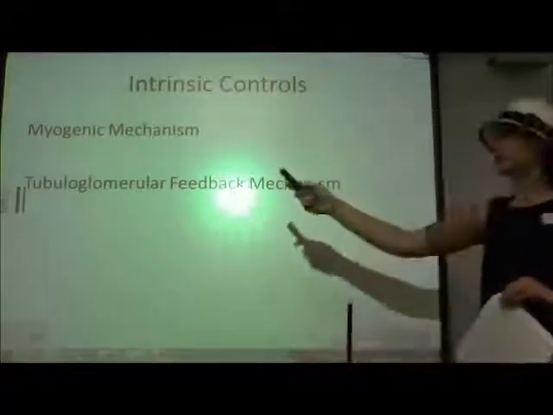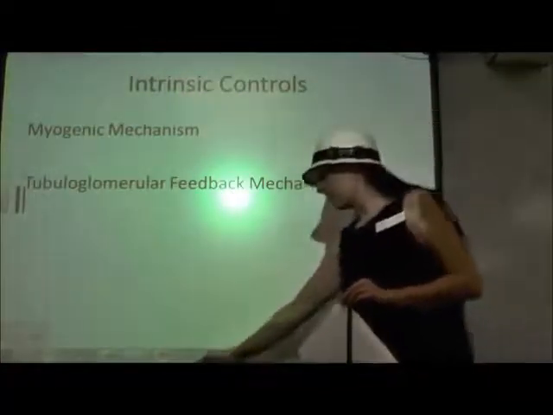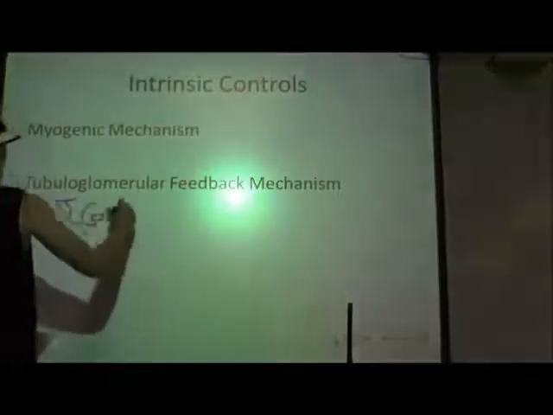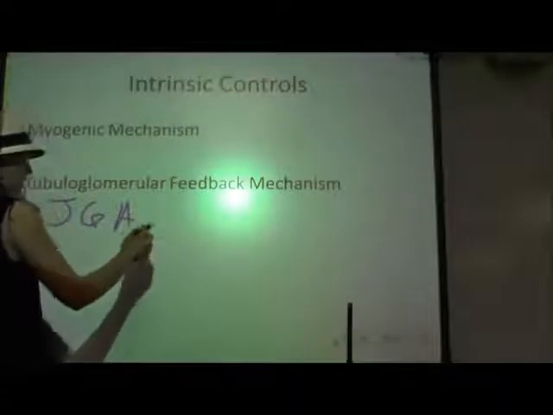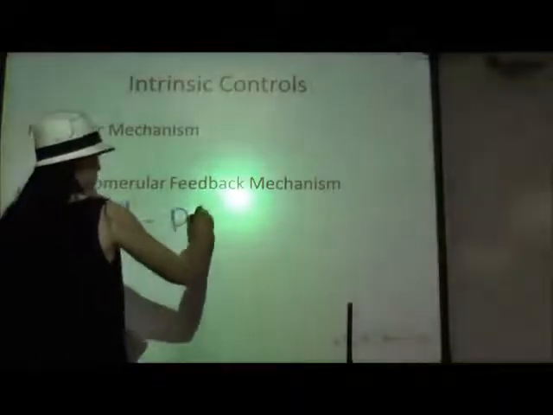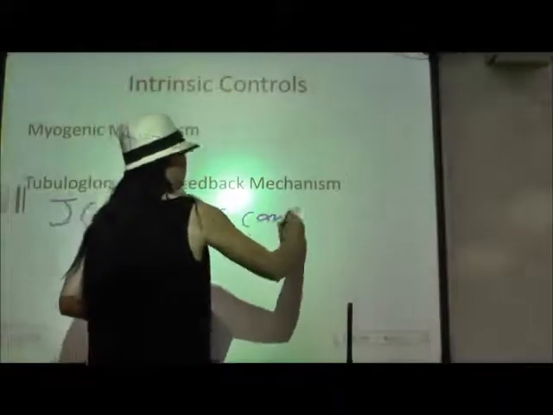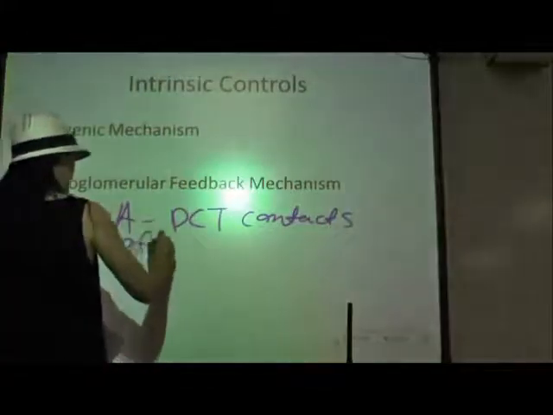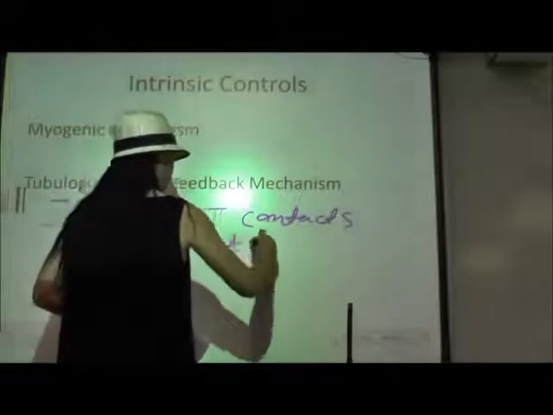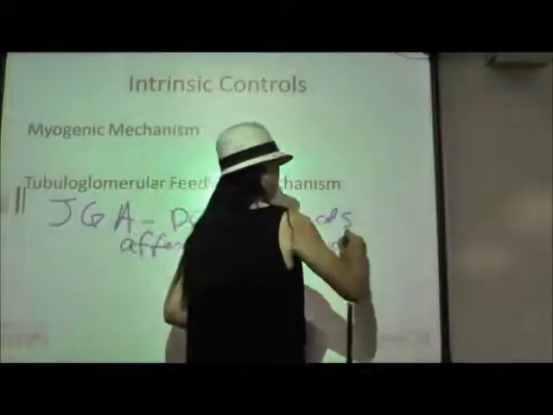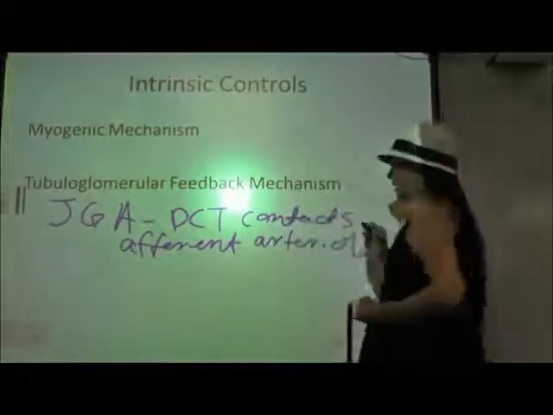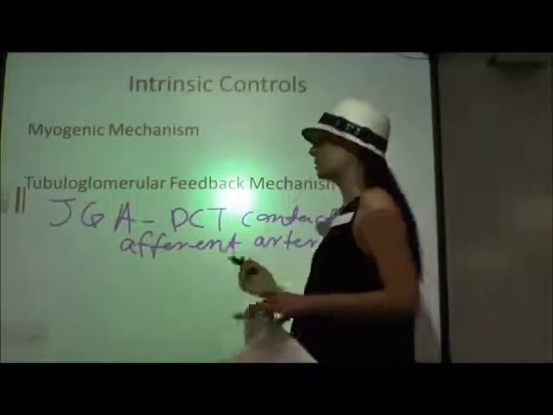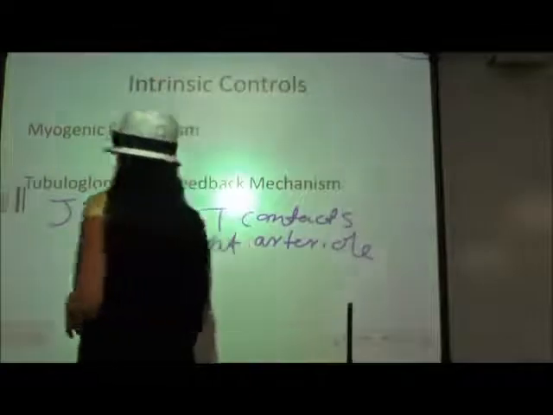So the tubular glomerular feedback mechanism is happening at the juxtaglomerular apparatus, which is that region where our distal convoluted tubule is contacting the afferent arteriole. And the macula densa cells in the distal convoluted tubule are sensitive to levels of sodium chloride passing through.